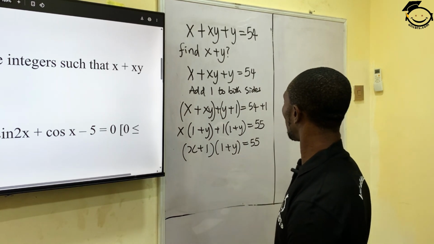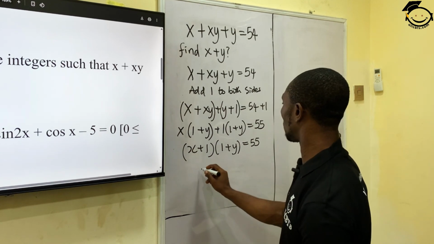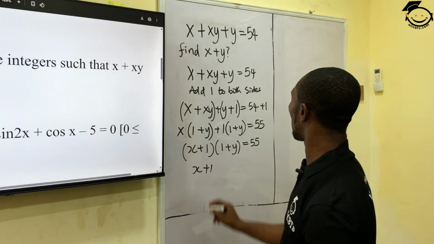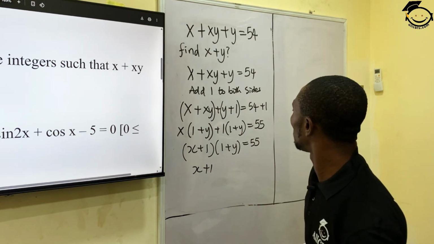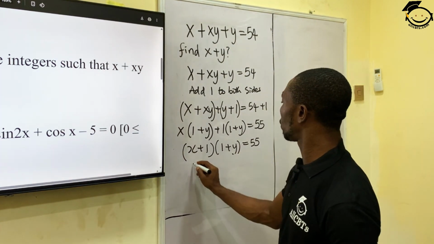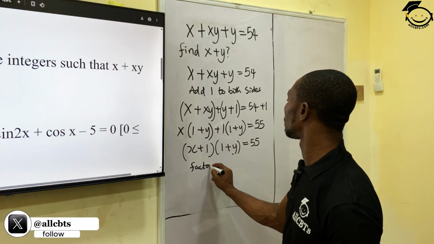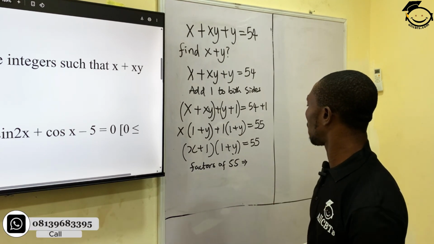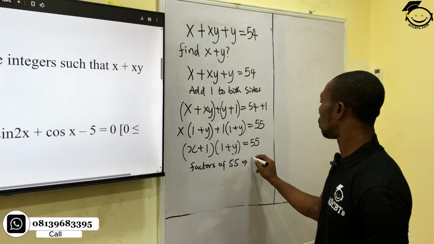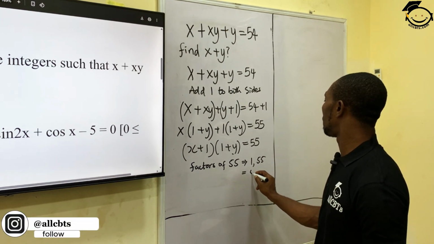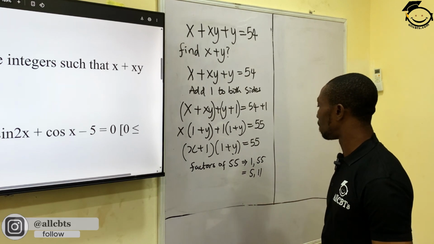All right, now from here let's factorize, let's neutralize this out. From here we look for the factors of 55. Now factors of 55 are 1 and 55 or 5 and 11.